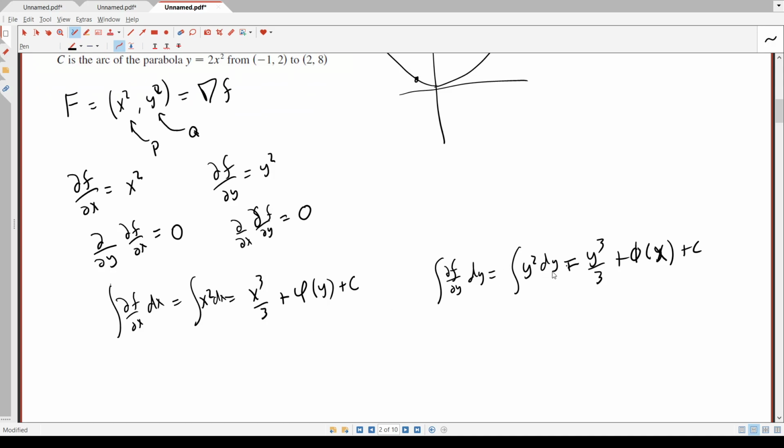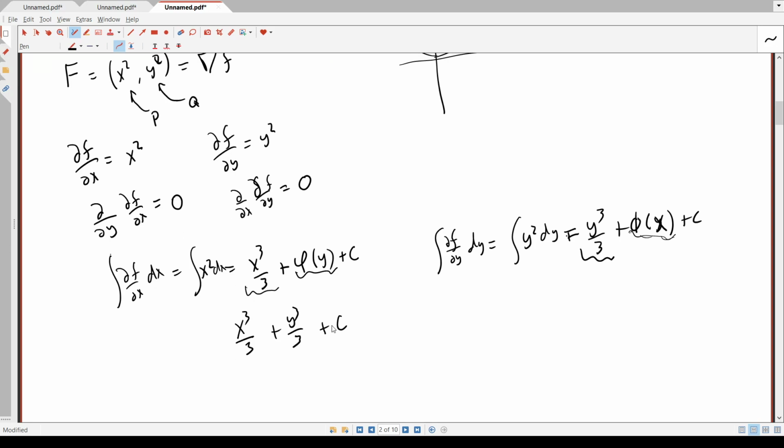There's nothing in both of them. Then I write down all the terms that involve only x, that's x cubed over 3. And then the stuff that involves only y, that's going to be this function right here, plus some constant.